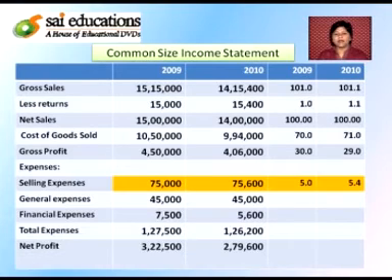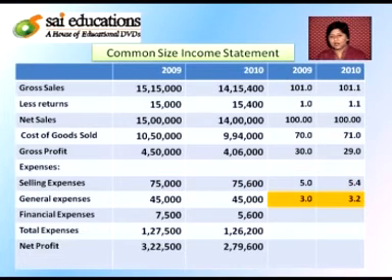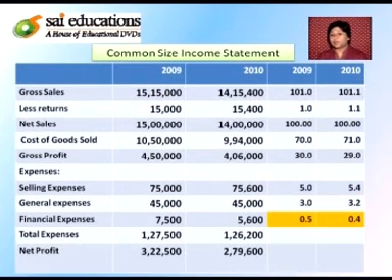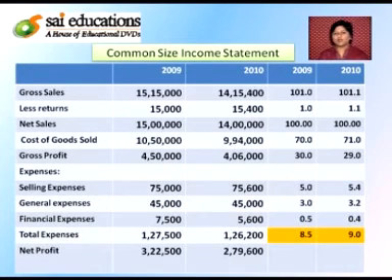उसके बाद हमने यही फॉर्मूलाज जनरल एक्सपेंसेस, फाइनेंशियल एक्सपेंसेस और टोटल एक्सपेंसेस पे लगाया. सो जनरल एक्सपेंसेस भी 3.0 से बढ़कर 3.2 हो गए, फाइनेंशियल एक्सपेंसेस 0.5 से कम होकर 0.4 हो गए, जबकि टोटल एक्सपेंसेस 8.5 से बढ़कर 9.0 हो गए. इसका मतलब अगर हम इन फिगर्स को एनालाइज करें तो कंपनी ने अपने फाइनेंशियल एक्सपेंसेस को कंट्रोल किया, जबकि सेल्स एक्सपेंसेस और जनरल एक्सपेंसेस दोनों ही बढ़ गए हैं.